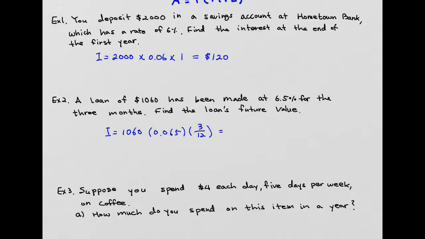So when you input this value into the calculator, you're going to end up getting 17.225. So pretty much it's going to be 17.23. So this is just interest itself.